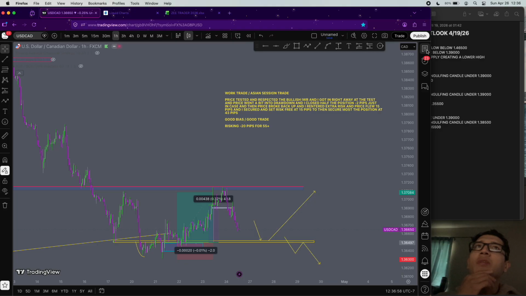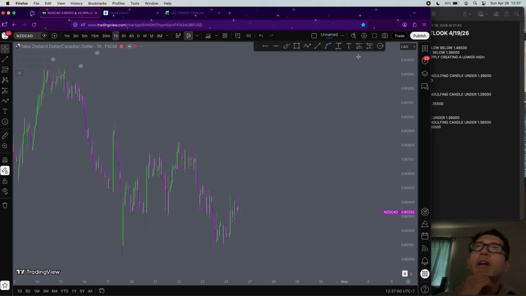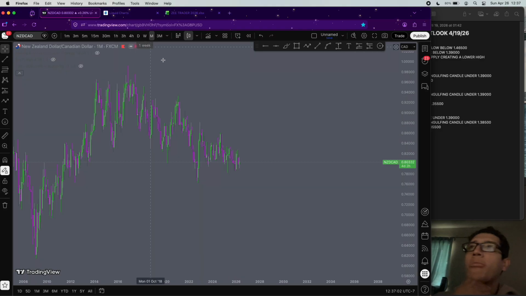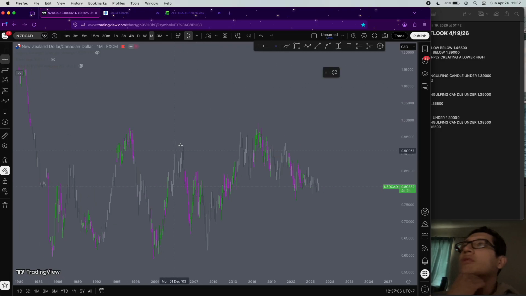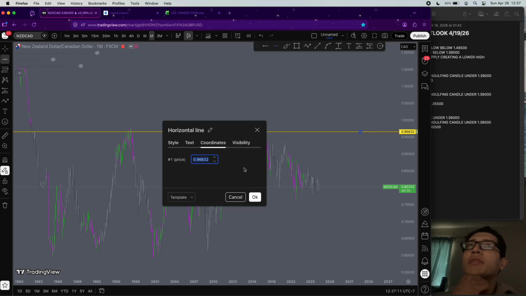But now let's get into the weekly markup. So let's get into the NZDCAD. You always want to start off on the monthly. So we could already start eyeing areas of supply and demand, which is 0.96.